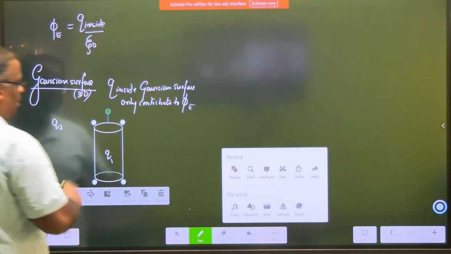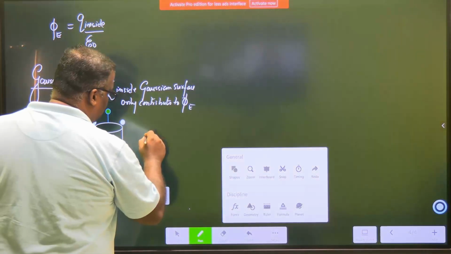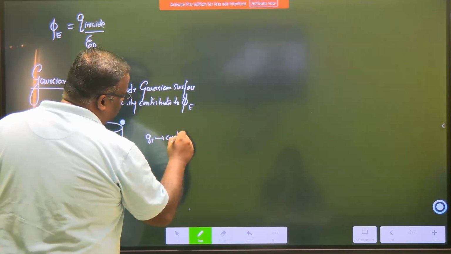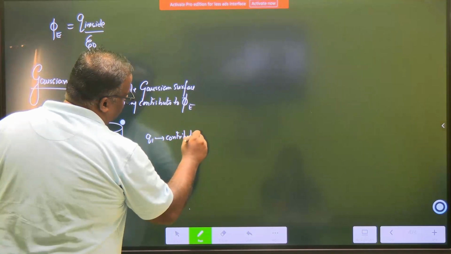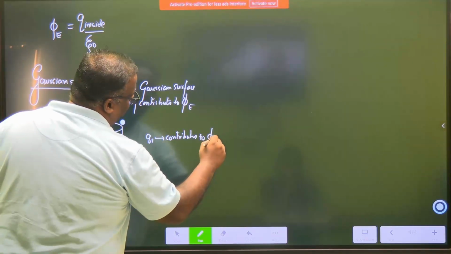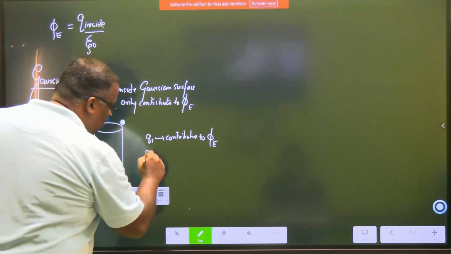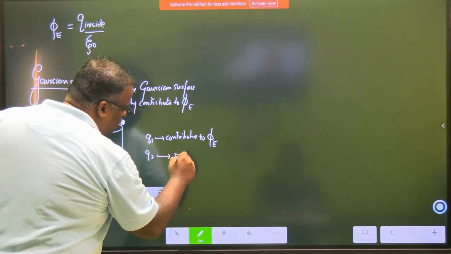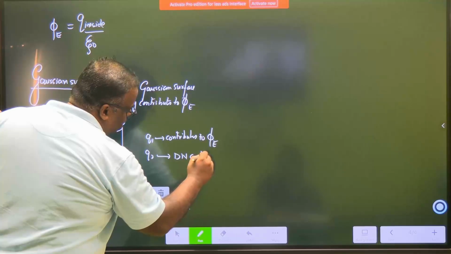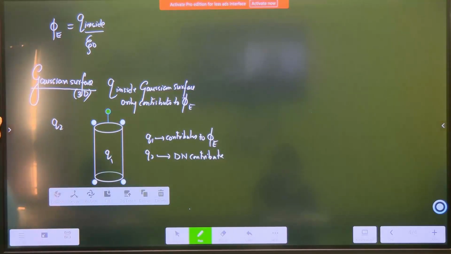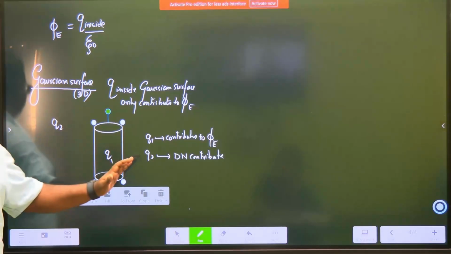Now, here we'll say Q1 contributes to phi E. Q2 does not contribute. Remember this very, very nicely. Q2 has no role on the flux.